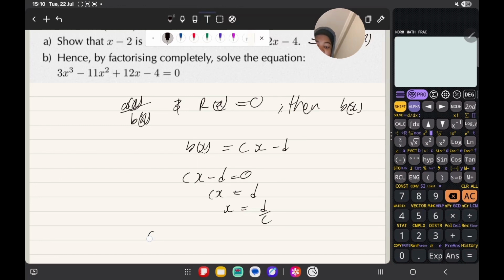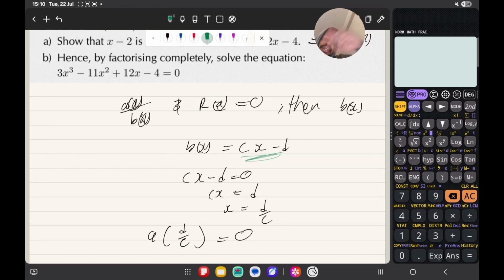Now when you take a of d over c, then you get 0, then you know that this is a factor of a of x. Now I'm talking about the factor theorem.